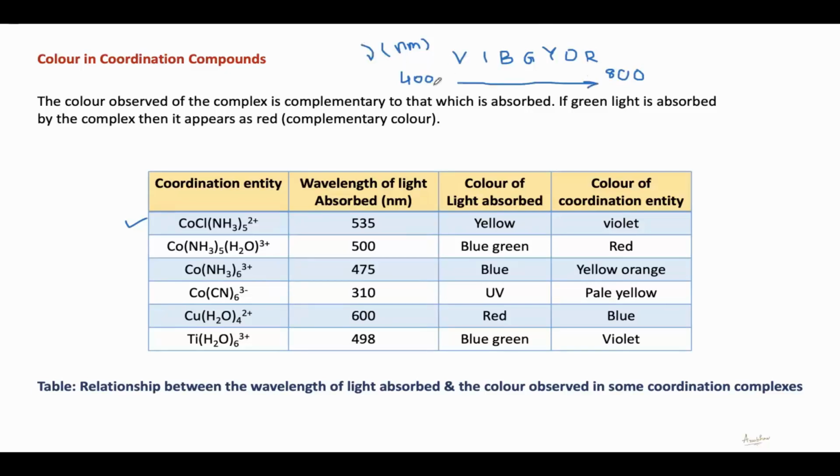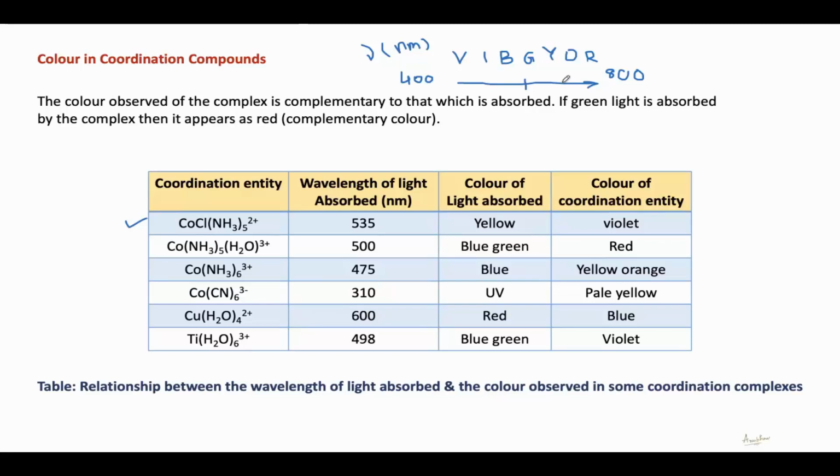So the violet is having the 400. You can see the wavelength of light absorbed here is 535. So 535 lies around here, because if you can see this green around 600, the 535 is around here. The light observed becomes yellow, which is in the 650 or 660 region. The color of light absorbed is yellow, which is 535.